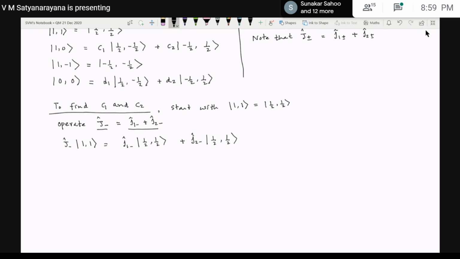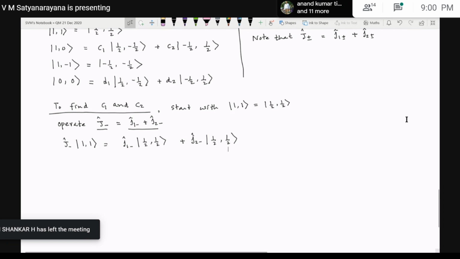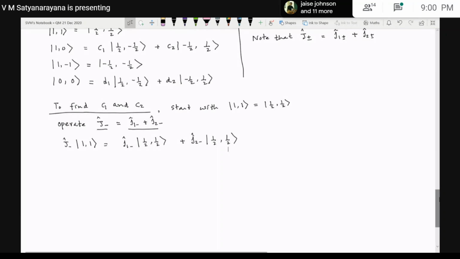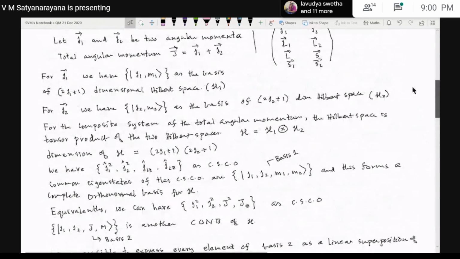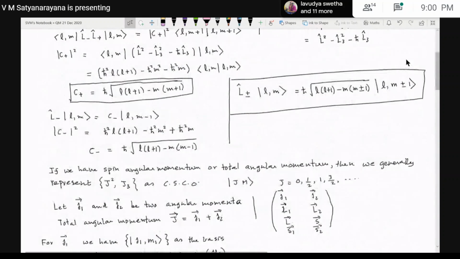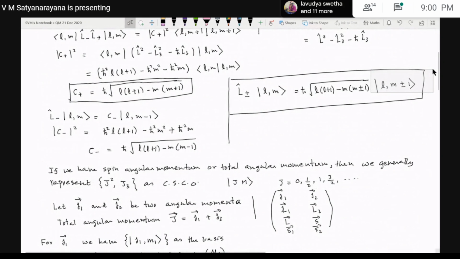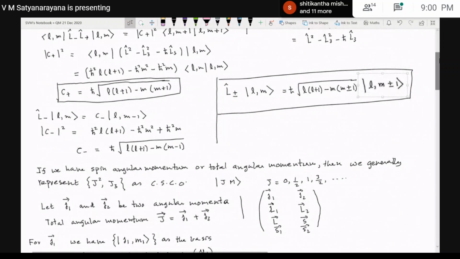Okay, now we have to carefully look at these expressions. So here I have this expression, so let me borrow this expression.